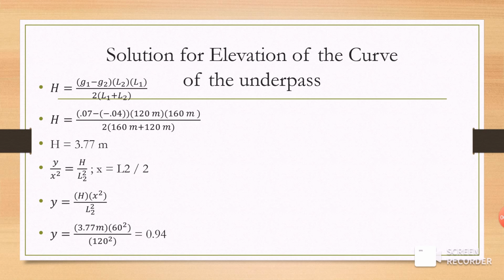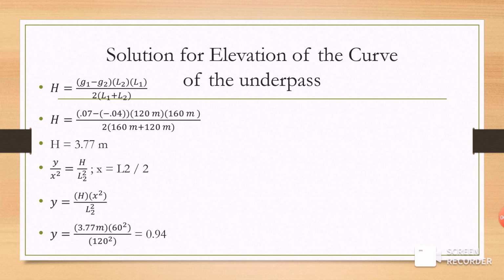Then, using the squared property of parabola, we can get now the value of y since we have already a value of h. So the formula is y over x squared is equal to h over L2 squared, where x is equivalent to L2 over 2.